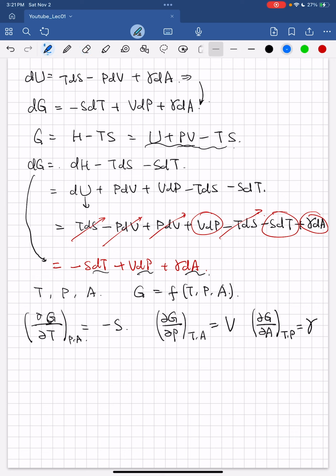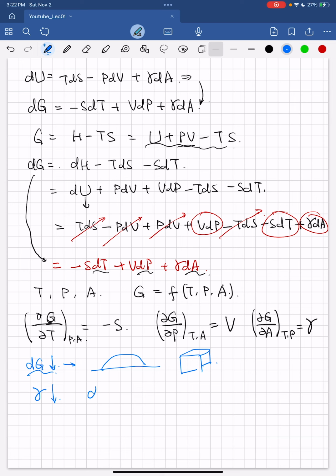All right, and because we want to minimize dG in order to bring any kind of system into equilibrium, gamma will also try to decrease, right?